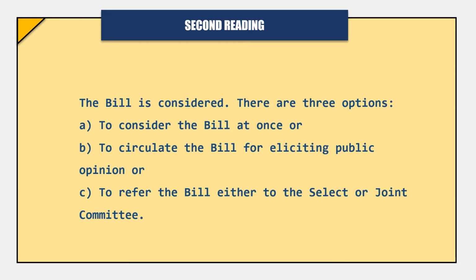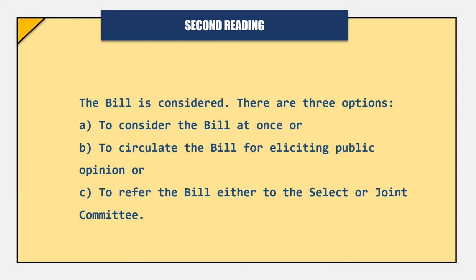If the third option is selected, then the committee discusses the bill clause by clause and submits the report within the allotted time period to the House. Then the House discusses the bill clause by clause along with the report of the committee.